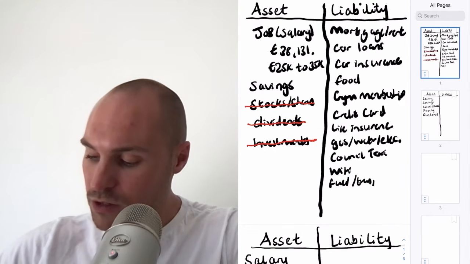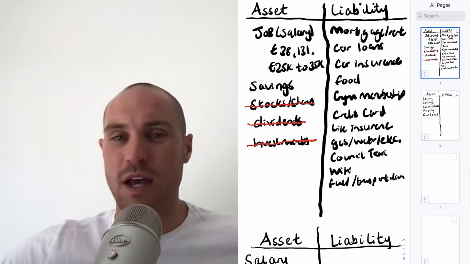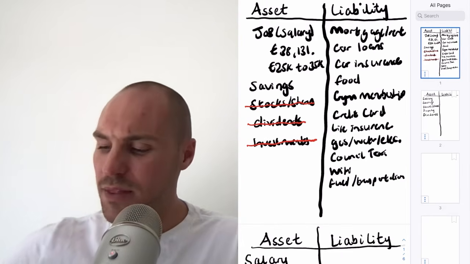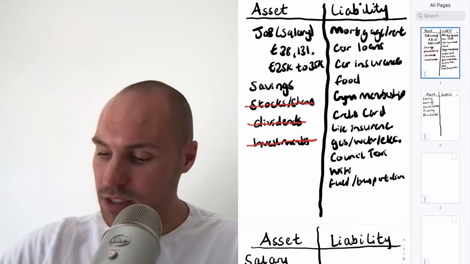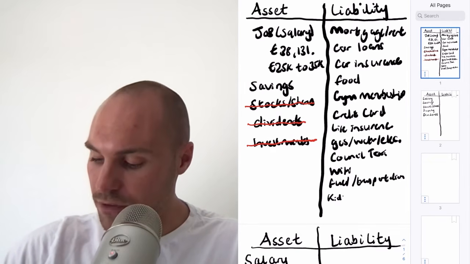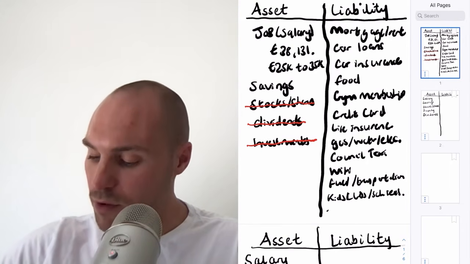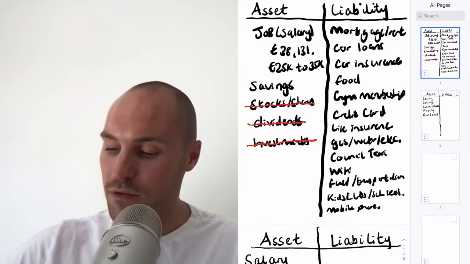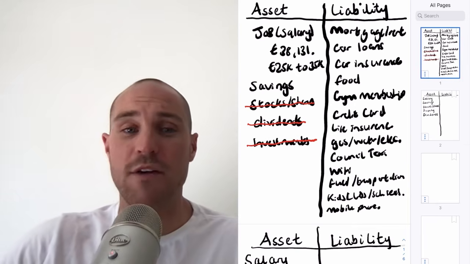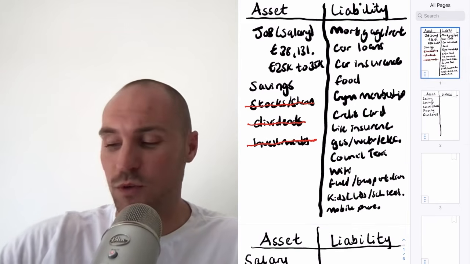All of these things that I'm writing down here are liabilities. I'm running out of space here. You may have things like kids clubs, or school fees. Just writing shorthand here. You might have your mobile phone that you pay for every month. If you like to get your hair and nails done every week, then your hair and nails will also be on here.